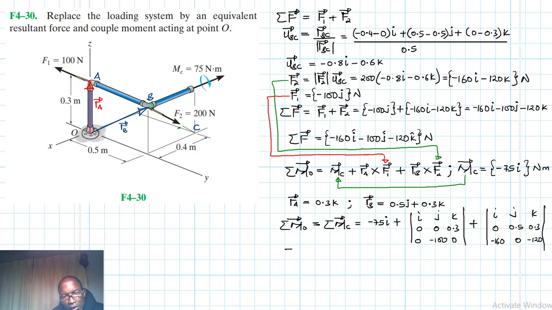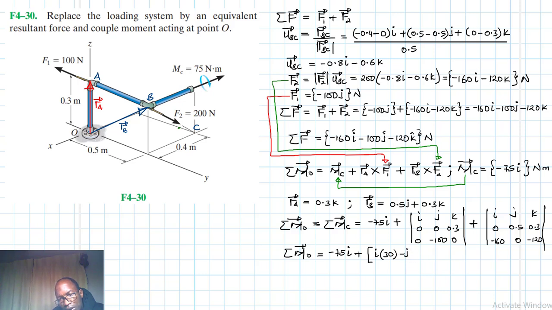Right. So let's sum up this moment. What do we have? We have minus 75 I plus, in the I direction, that's a plus 30, right?